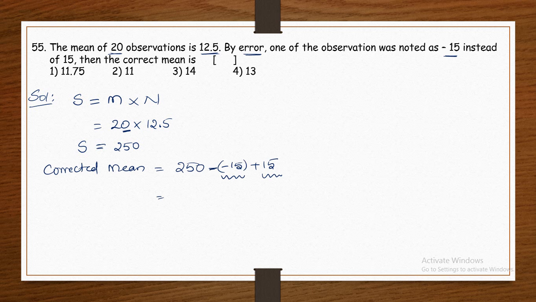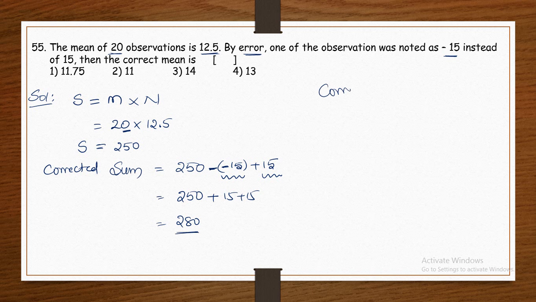Subtracting the wrong one means minus of minus 15. So this gives me 250 plus 15 plus 15, which is nothing but 280. Sorry, this is not the corrected mean, this is the corrected sum. So the corrected sum is 280.